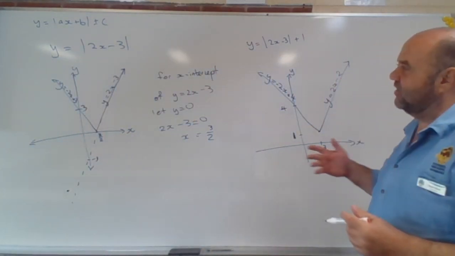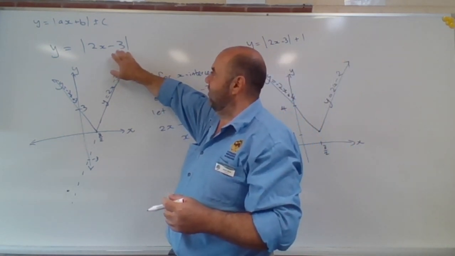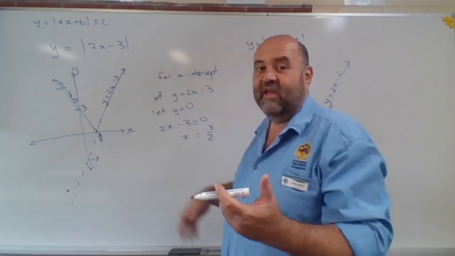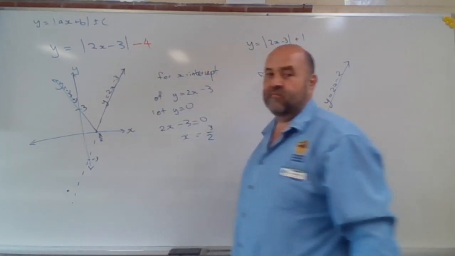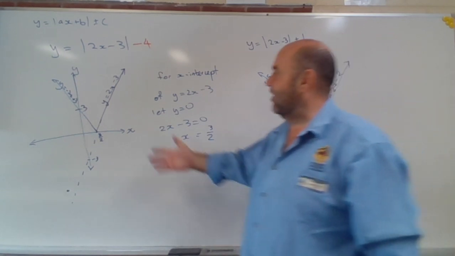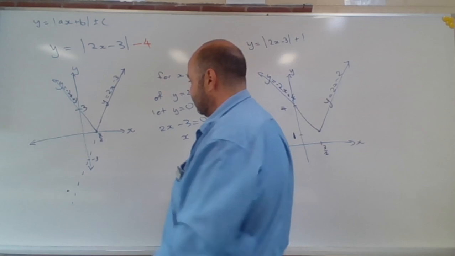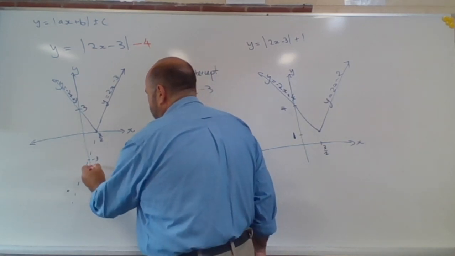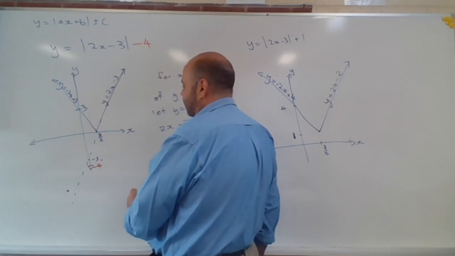So if we had y equals the absolute value of 2x minus 3 with a -4 added to it, it'd take this graph here and shift it down 4 places. So that's -4 there. That's where my graph would be bouncing.